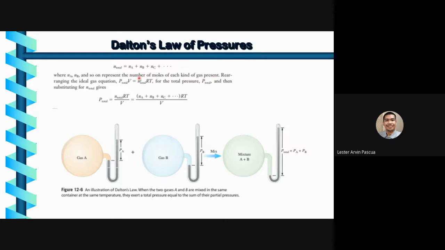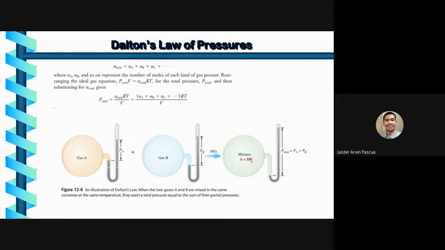So if you put in that equation sa ideal gas equation mo, pwede mo makuha itong formula na to. So your summation of the number of moles of A plus number of moles of B times RT over V is equal to your total pressure. So pwede mo makuha pala based on this understanding of Dalton's law of pressure plus your ideal gas law, pwede mo raw makuha kung ano yung total pressure mo if you have more than two gas species doon sa iyong container.